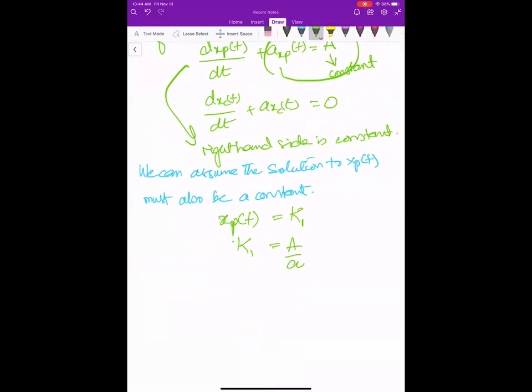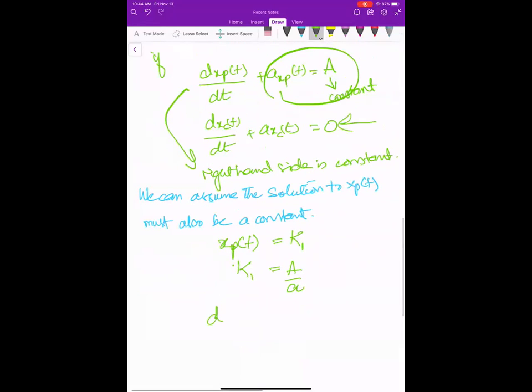Similarly, if I just try to solve this in terms of examining this equation, let's say this is my 1, this is my 2.